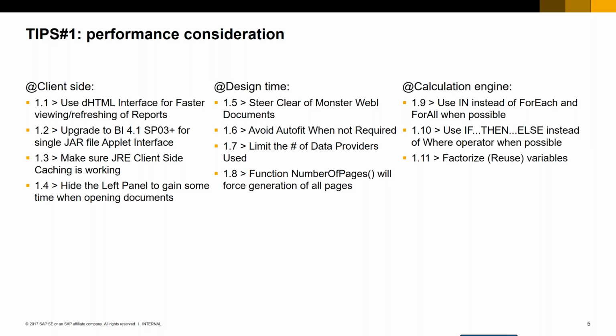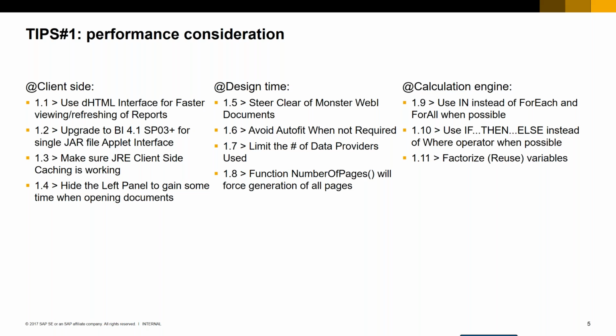At the calculation engine, there are things you can do when you are using a contextual calculation. So this is a tip and trick coming directly from the Webby dev. You should use every time, if you can, the in context rather than for each and for all. The reason is very simple.